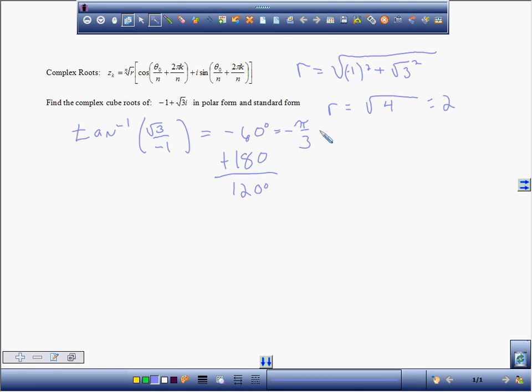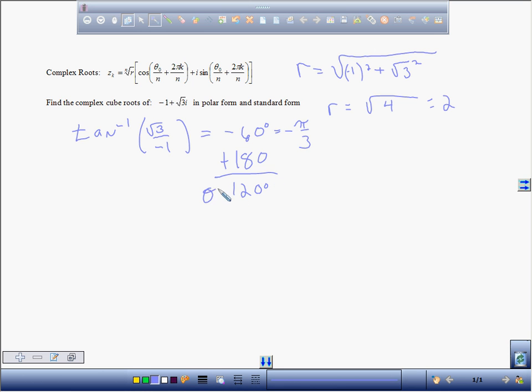So in this case, we know that theta is going to be 120 degrees. So you plug into this formula. You have 3 roots, and what they call z sub 0 is the first root. Even though it's the first root, they call it z sub 0. For each case, this number here is going to be the same, and that is the nth root of r.